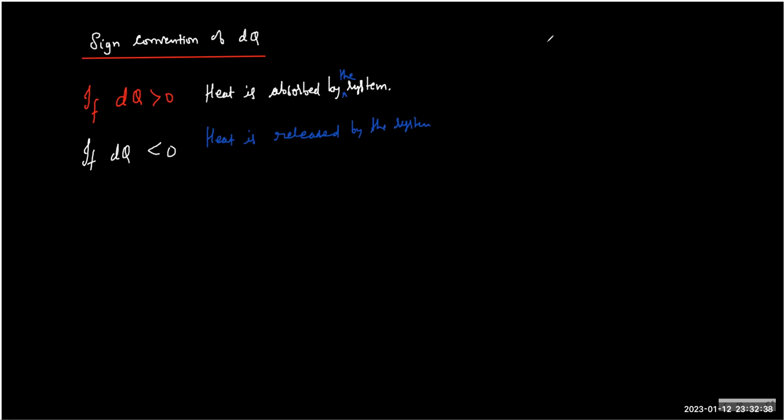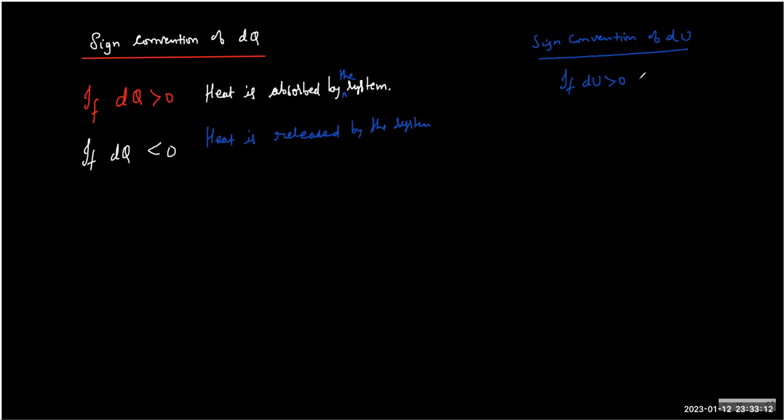So what about the sign convention of dU? If dU is positive, what does it mean? The system has gained temperature; temperature has increased. That's it. Because U depends on temperature, nothing else. So to understand whether dU is increasing or decreasing or is constant, just think about the temperature, nothing else you have to think about.